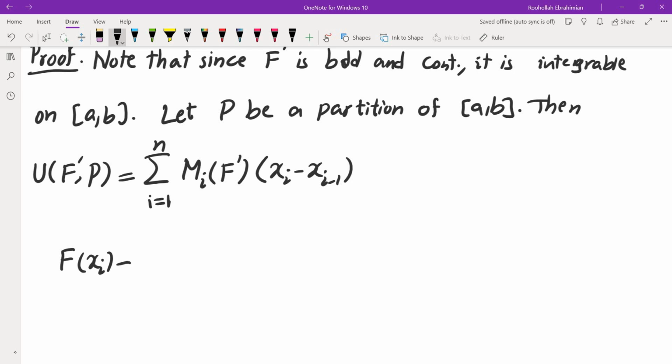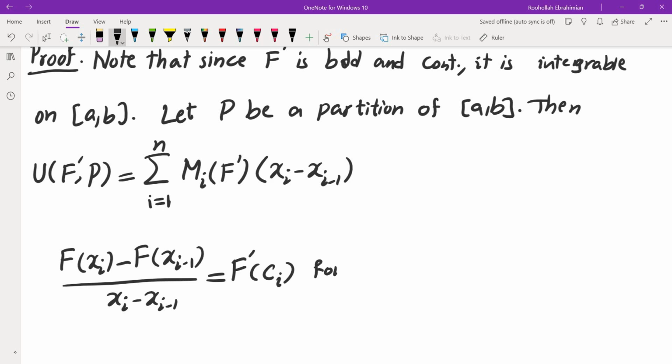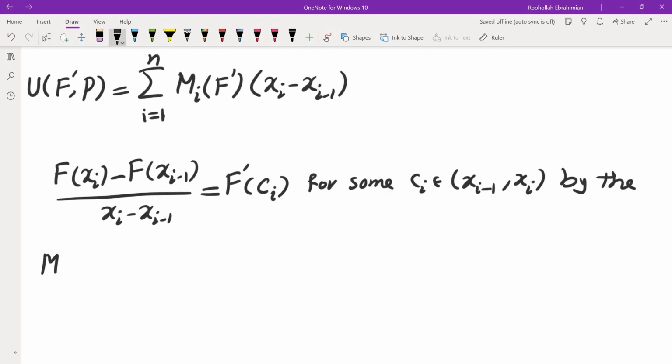Notice what happens if you apply the mean value theorem. So f of xi minus f of xi minus 1 over xi minus xi minus 1 is equal to f prime of some ci, for some ci between xi minus 1 and xi, by the mean value theorem.